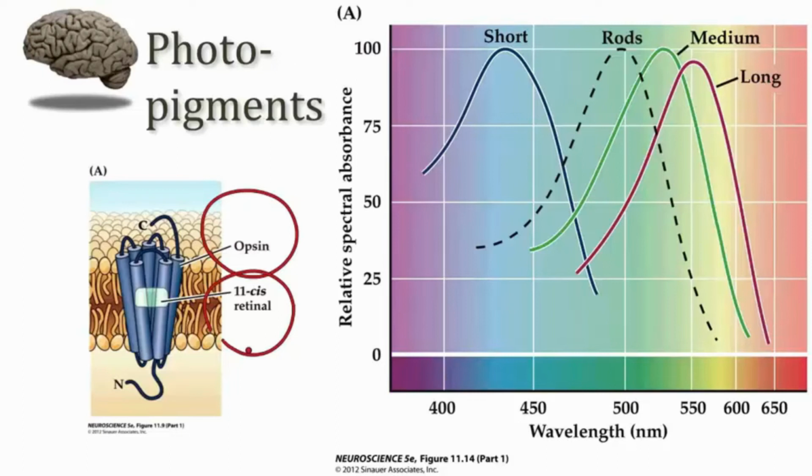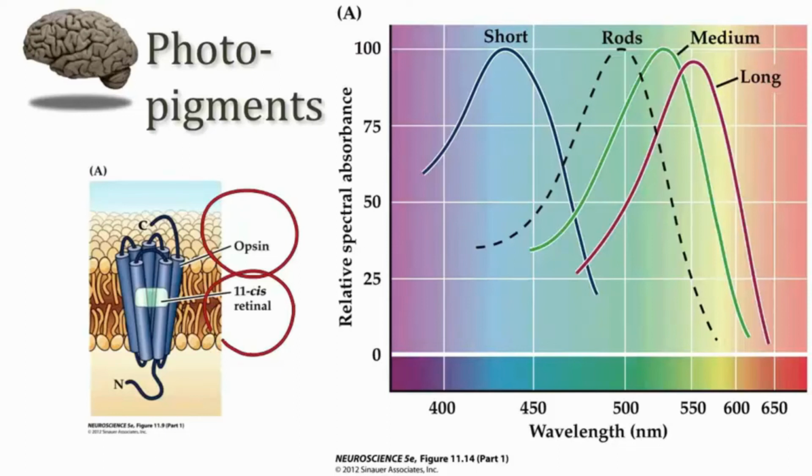Well, let me tell you about the role of these two components. So the 11-cis retinal is the organic molecule that will interact with the photon of light directly. The opsin that surrounds that 11-cis retinal fine-tunes the response profile of that 11-cis retinal.